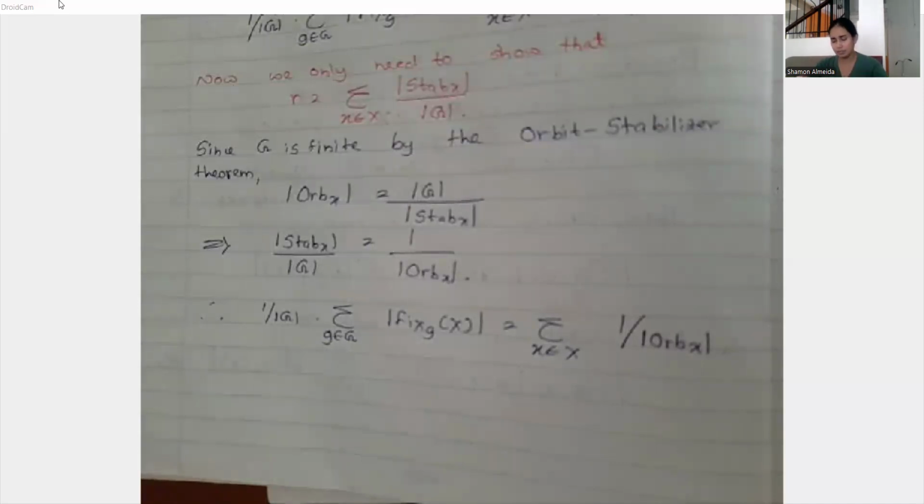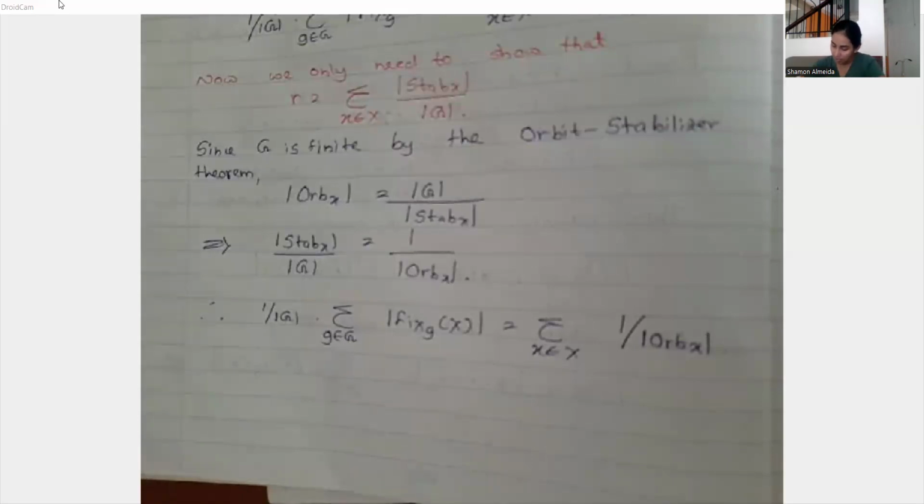Because any element that appears inside this one orbit, if any two elements are in the same orbit, and when you find the corresponding orbit for those two elements, you get that same orbit.